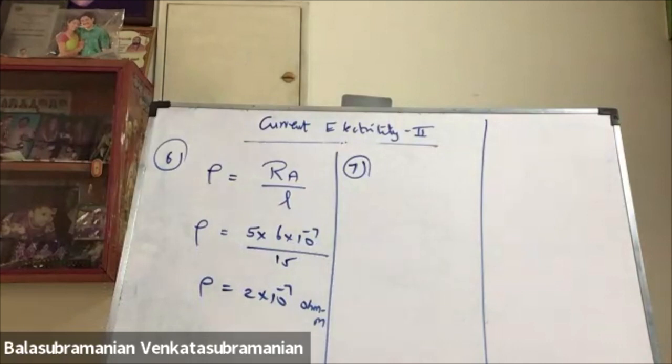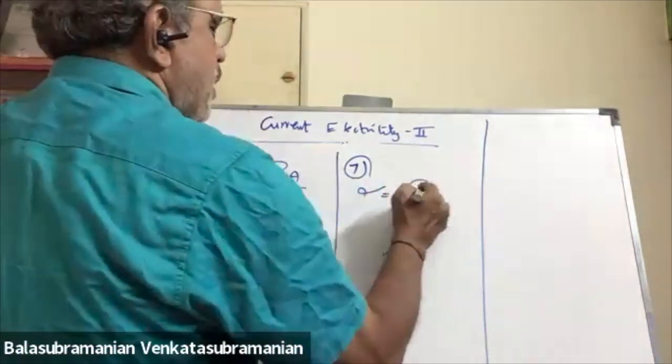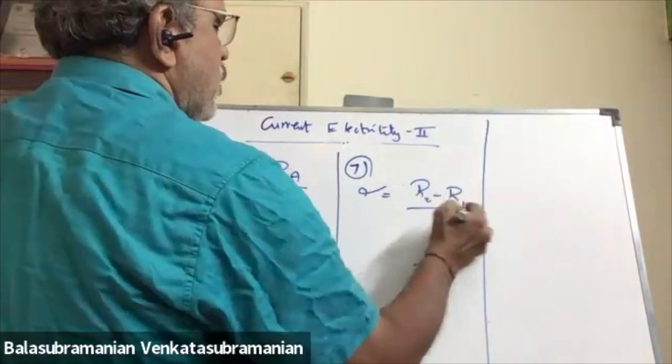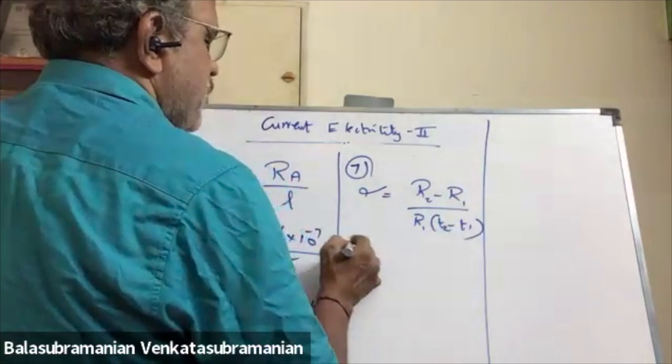So the formula: alpha is equal to R2 minus R1 by R1 into T2 minus T1.